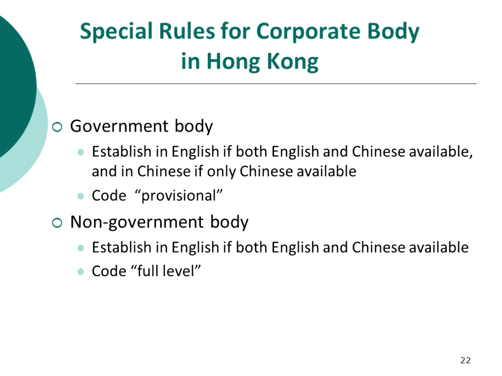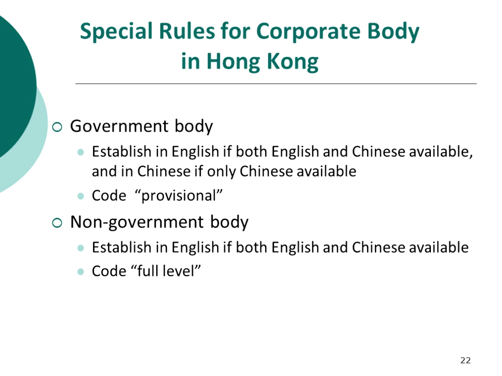Regardless of the language forms that are available in hand, we establish all government bodies in Hong Kong under provisional level. So if the item being cataloged shows the government body's name in Chinese, then establish the body in Chinese and code the name provisional.